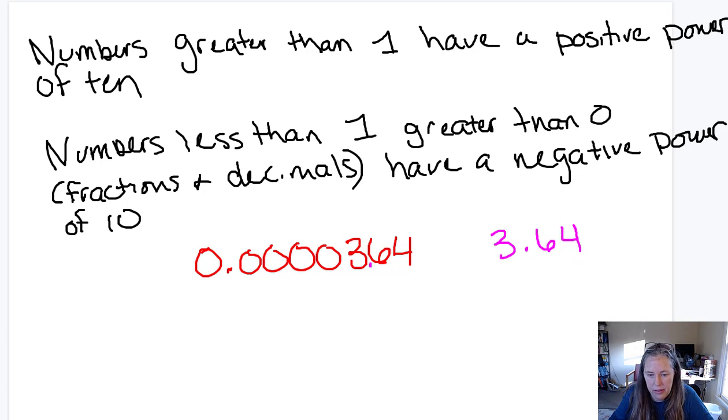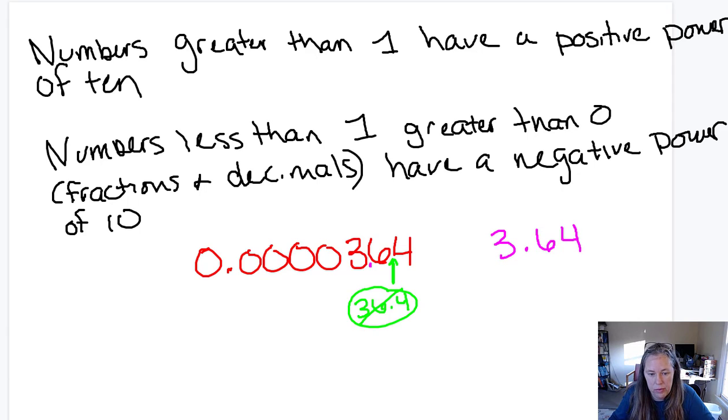If you put the decimal between the 6 and the 4, which is wrong, you would have 36.4, and we don't want that. That's too big.